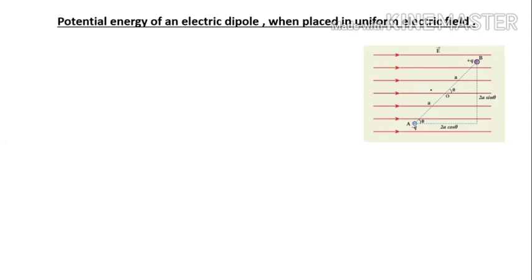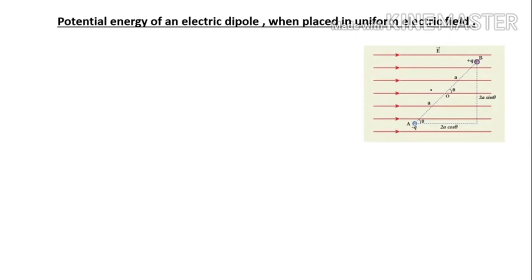In charges and field, we have understood that if you place a dipole in any electric field, there were two cases. In one case, we place a dipole in uniform electric field, and in another case, we place a dipole in non-uniform electric field.